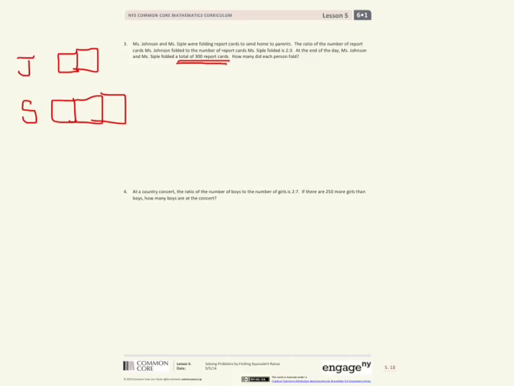So that means together, when they worked together, they made 300 total report cards. Well, how am I going to figure out how many each person folded?